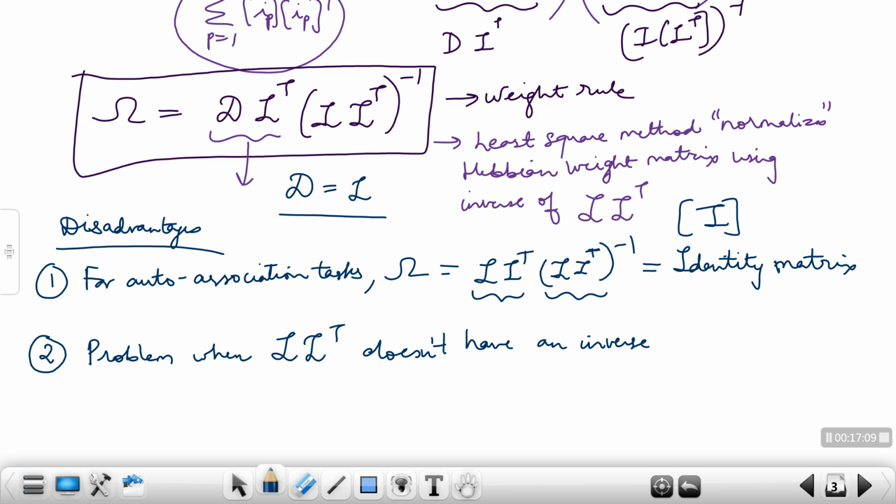In that case, you will have to use another technique which uses a pseudo inverse. How will you come to know that the inverse doesn't exist? The determinant of I into I transpose will be equal to 0. If this happens, then you know the inverse will not exist, and you may have to use a pseudo inverse.